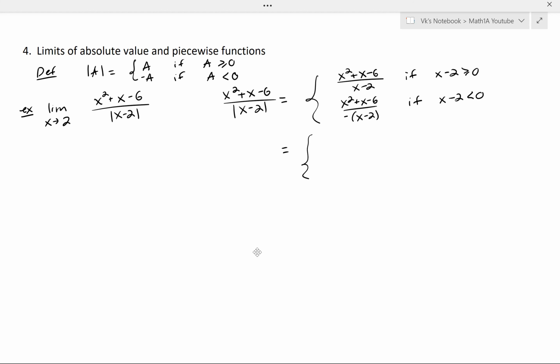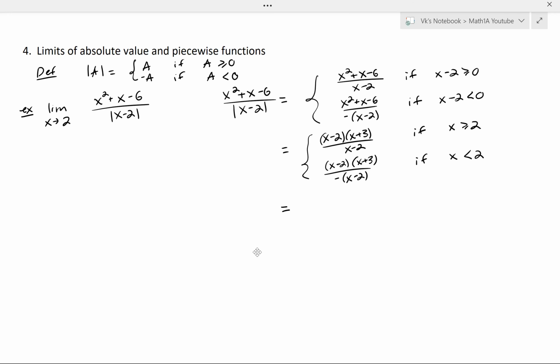We can factor the top to be x minus 2, x plus 3 over x minus 2 if x is greater than or equal to 2, that is the second piece. Same thing, x minus 2, x plus 3 over minus x minus 2 if x is less than 2.